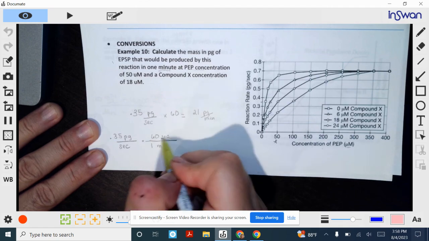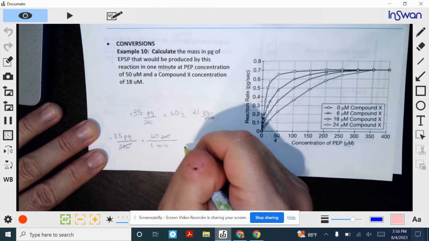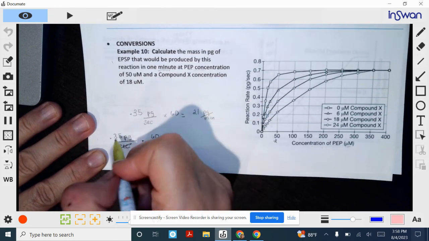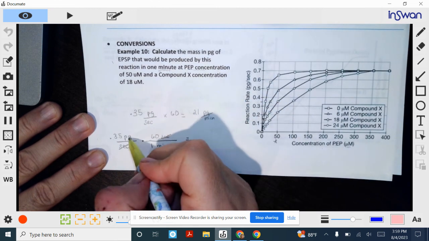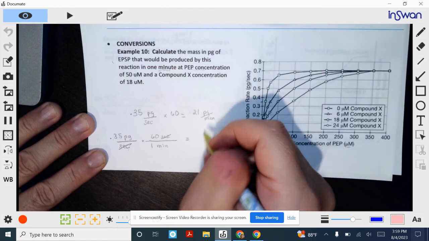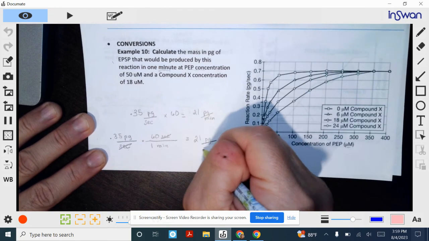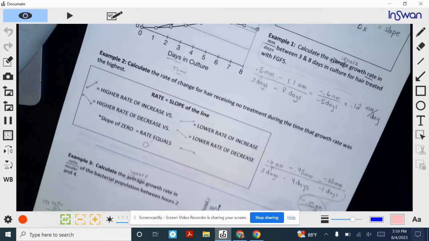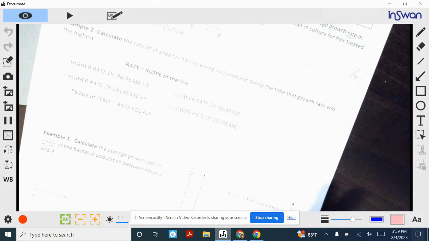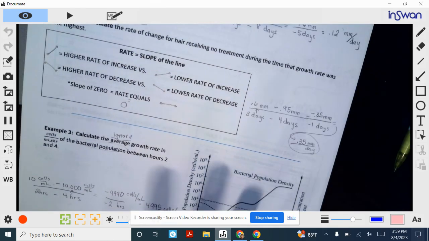Okay, so my units cancel out, high and low. And so then I take that times that, and you can see my units will be PG over minute. So 21 PG over minute. All right, we're done. Sorry, I went out of order. I think you guys are probably smart enough to figure out where to write your notes on your note packet.